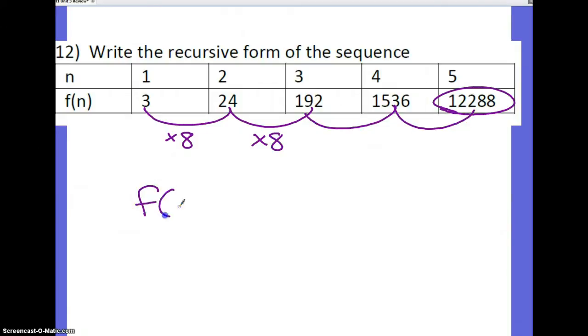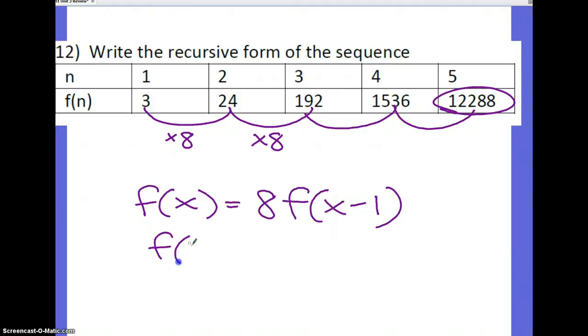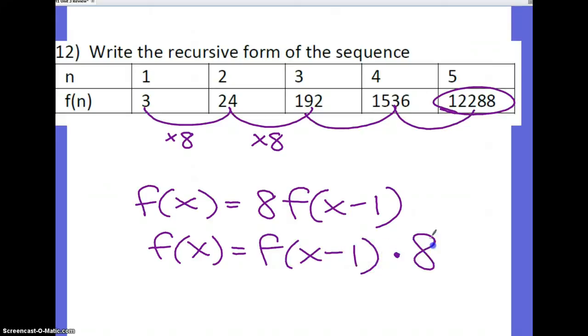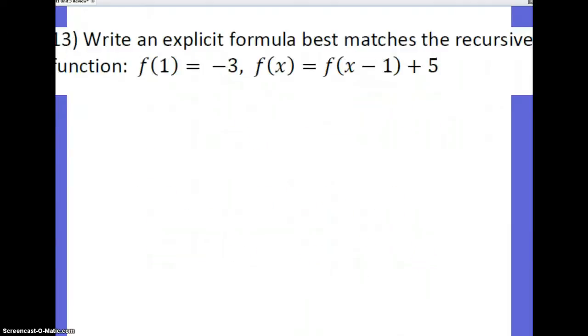And so if we want recursive, you can put the 8 and then f(x minus 1). Or if you prefer, you can put f(x minus 1) and then multiply by 8 at the end. Both of those are fine for answers. Number 13, an explicit. Write an explicit form that best matches the recursive.